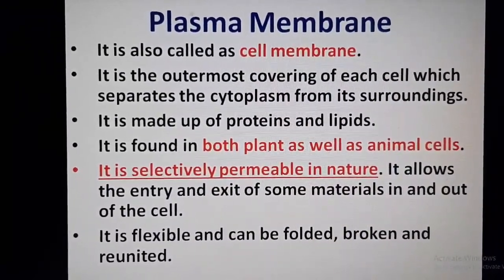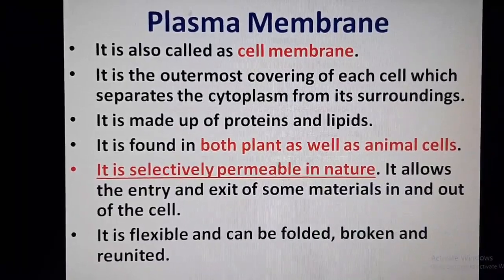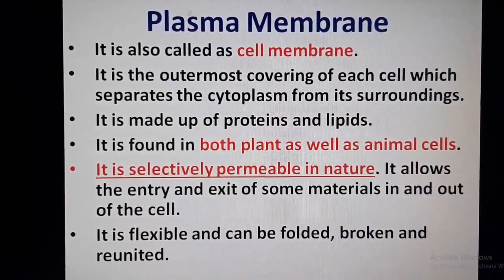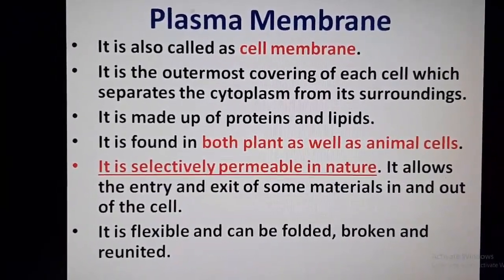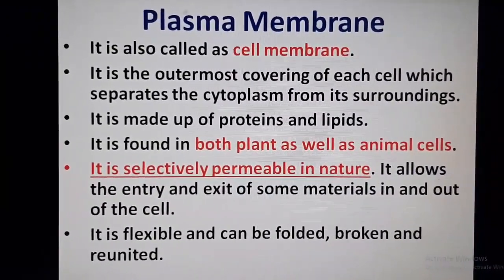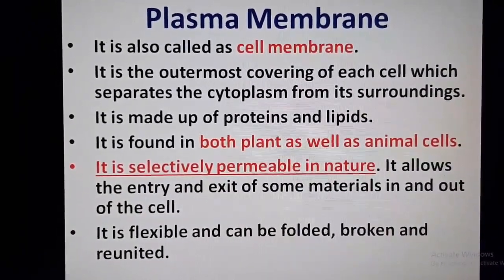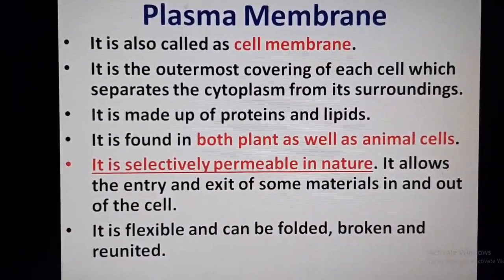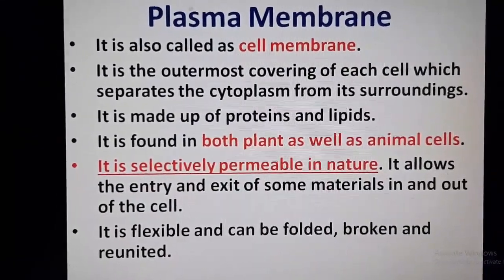Now this plasma membrane is made up of two components, proteins and lipids, and it is found both in plant cells as well as animal cells. The plasma membrane, or the cell membrane, is selectively permeable in nature. What do you mean by selectively permeable?